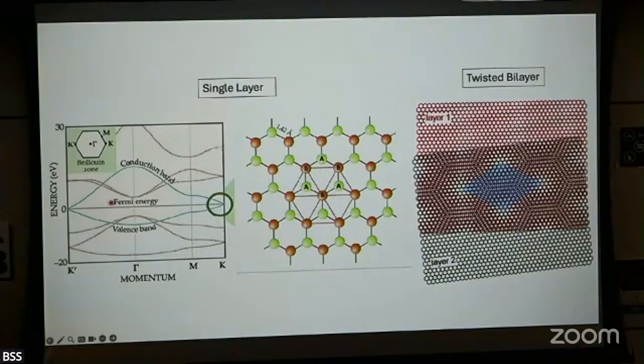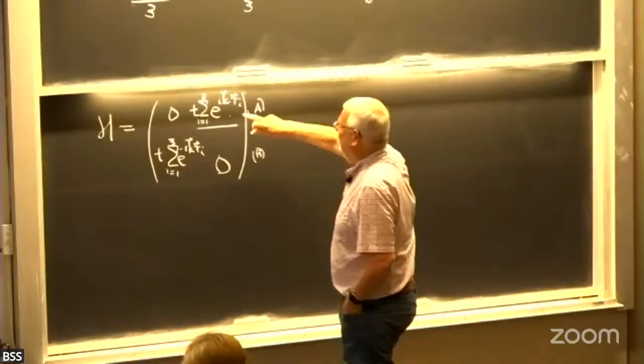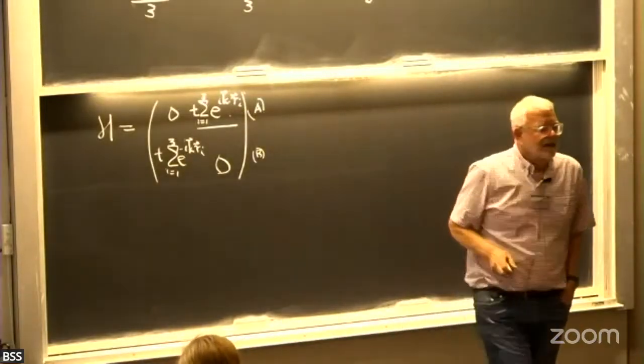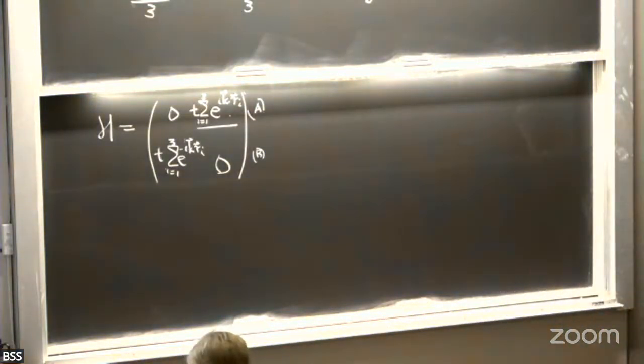So one of these two bands is filled and one is empty, okay, if they don't overlap. And so the splitting between the bands is k-dependent. And this quantity, you can easily check, vanishes at the corners of the Brillouin zone.